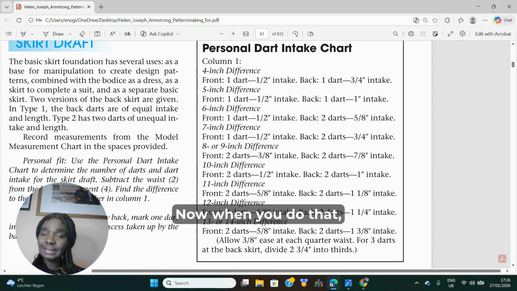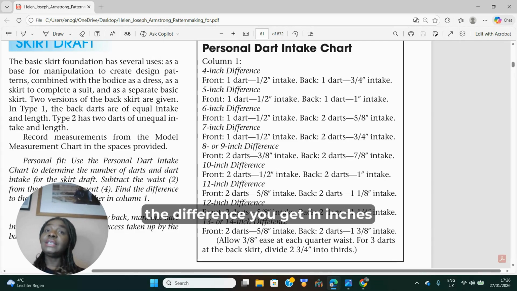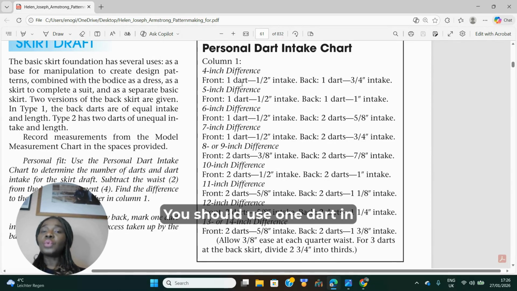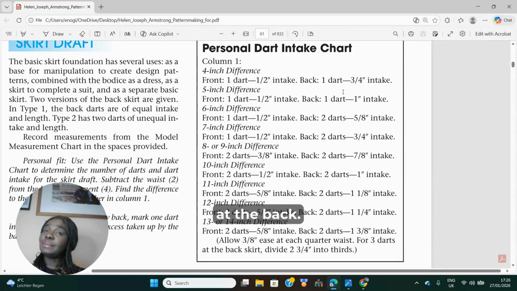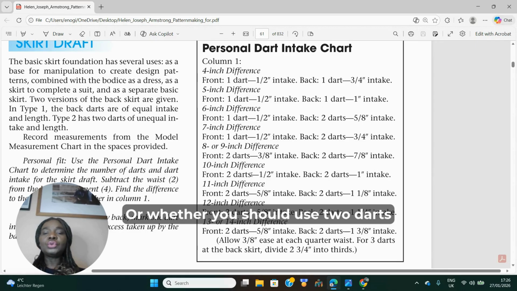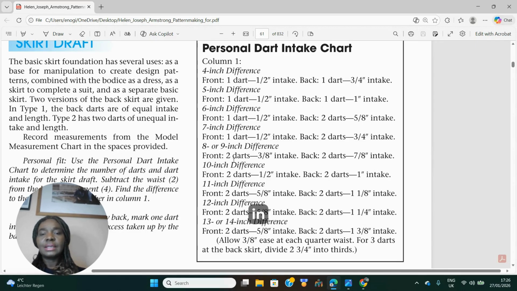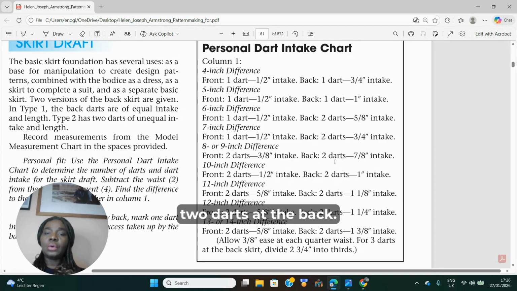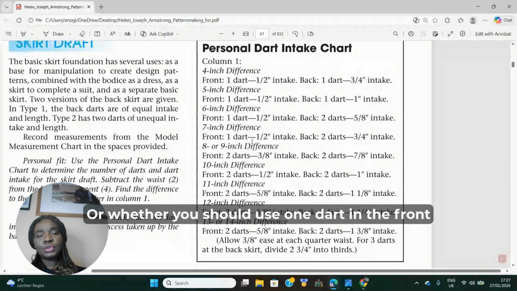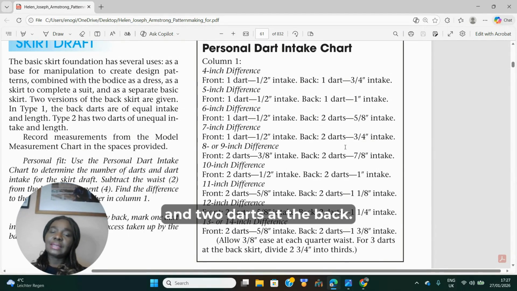Now, when you do that, the difference you get in inches will let you know whether you should use one dart in the front and one dart at the back, or whether you should use two darts in the front and two darts at the back, or whether you should use one dart in the front and two darts at the back.